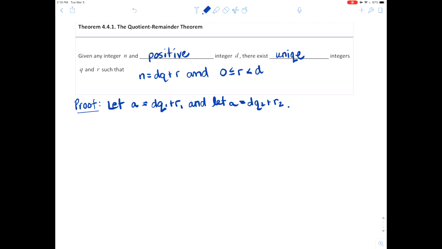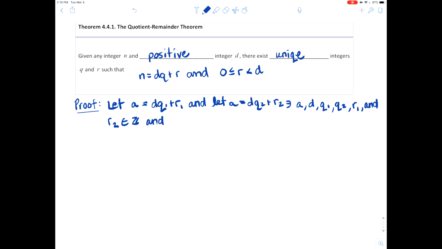Well, we got to say what number set all these things belong to, right? So actually it would be such that A, D, Q1, Q2, R1, and R2 all belong to the integers, okay?